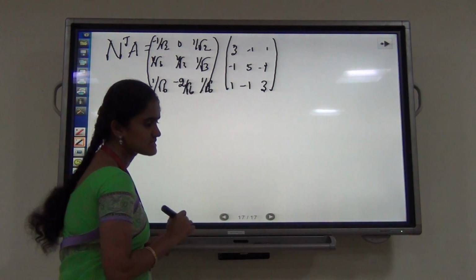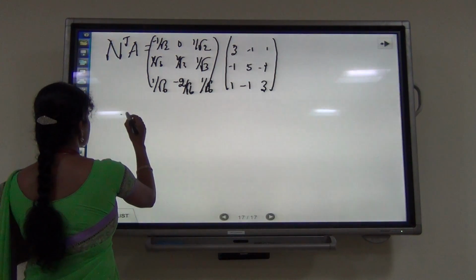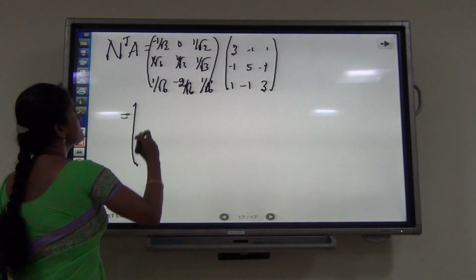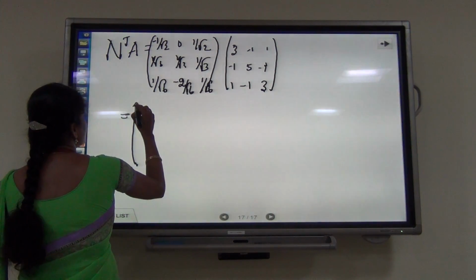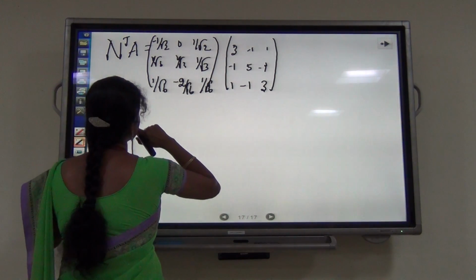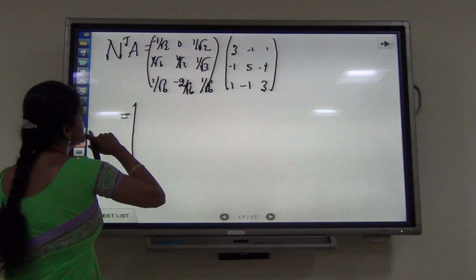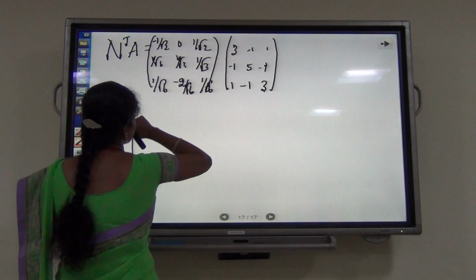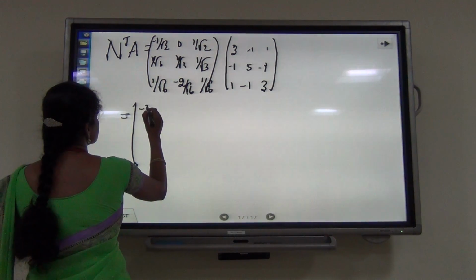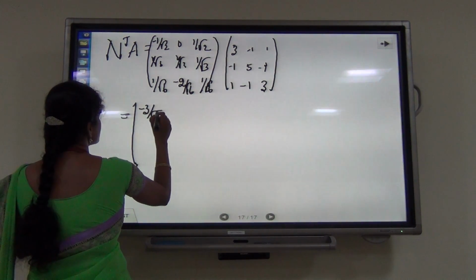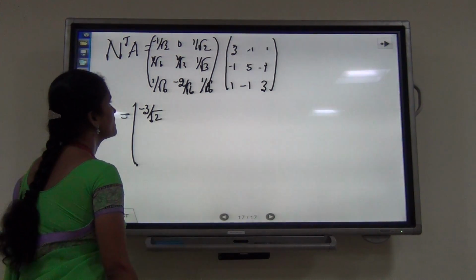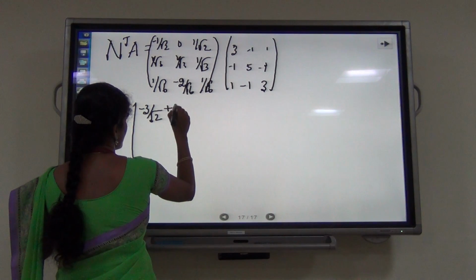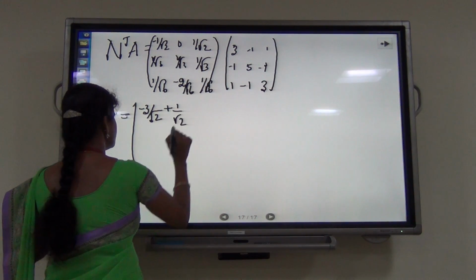Let us do the matrix multiplication. You can also use a calculator to find the matrix multiplication. So minus 1 by root 2 into 3, that is minus 3 by root 2, first row with the first column, plus 0 plus 1 by root 2.